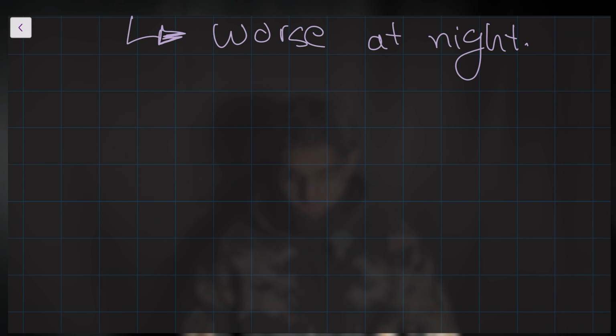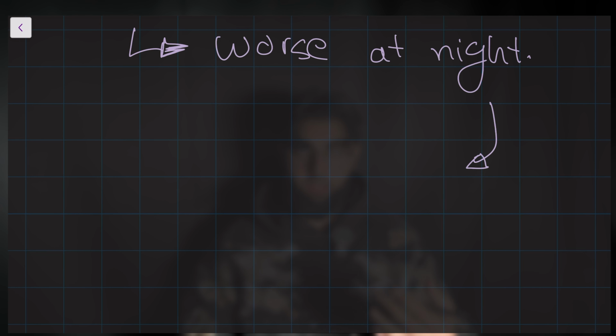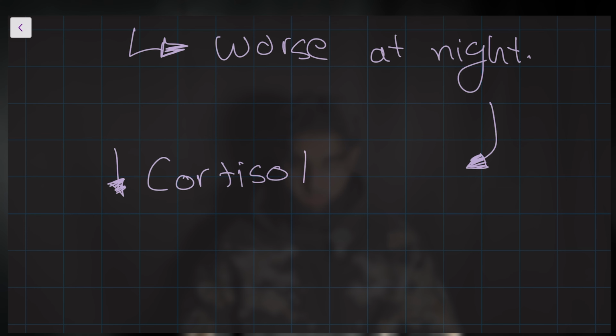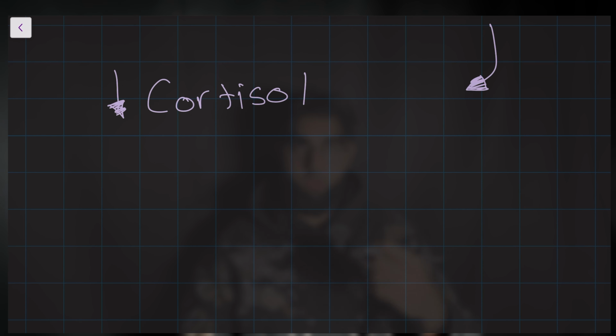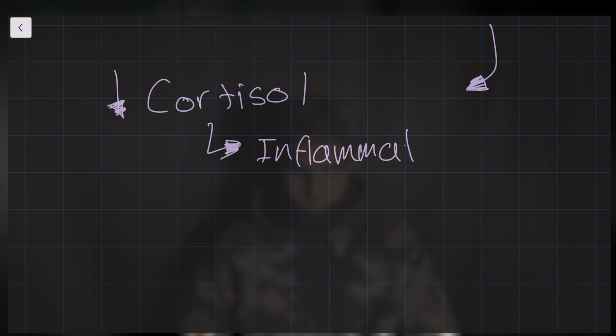So let's understand why asthma is worse during the night for some patients. We understand that cortisol, our body's natural steroid hormone, keeps inflammation down within our body. It is at its lowest as we go to sleep and spikes in the morning, right? So as cortisol drops throughout the night, inflammation has more of a chance to cause symptoms within patients.